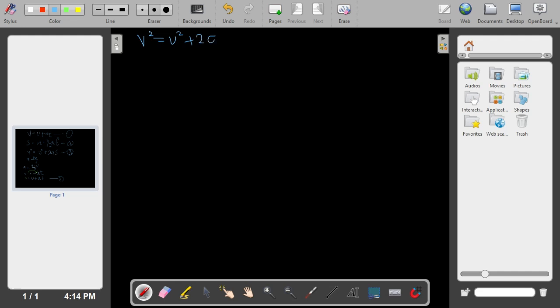So how do we arrive at this? Let's go with our simple logic. The first thing you do, you generate the first equation of motion. Don't forget that the first equation of motion is v equals u plus at.